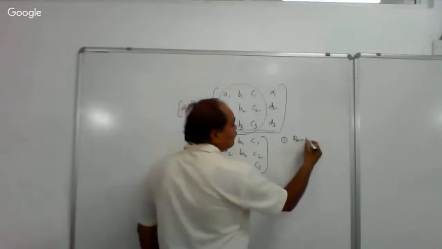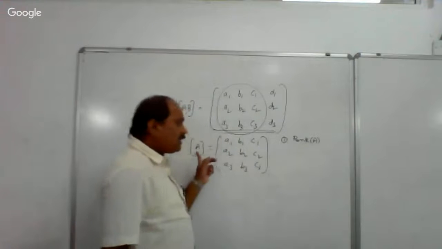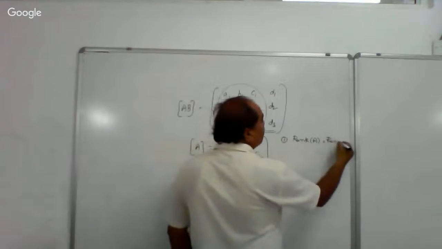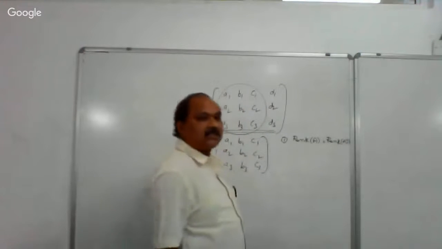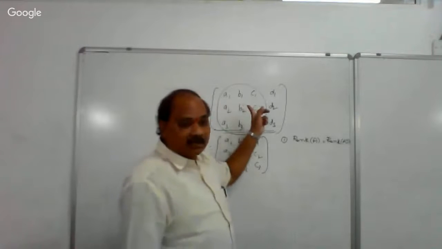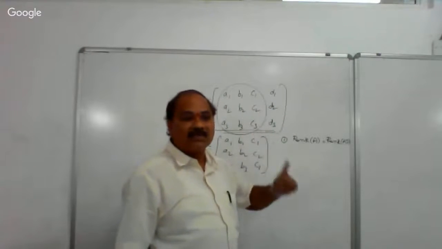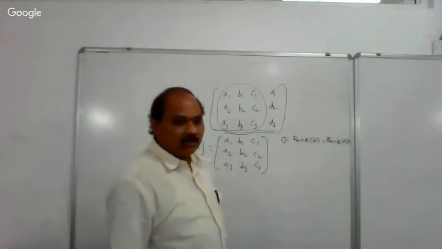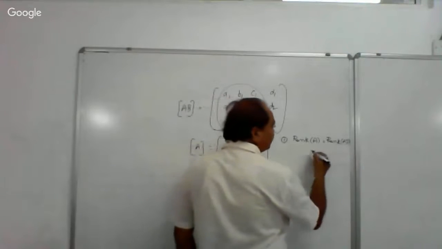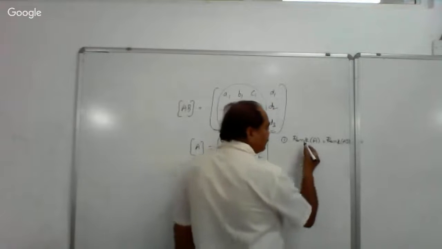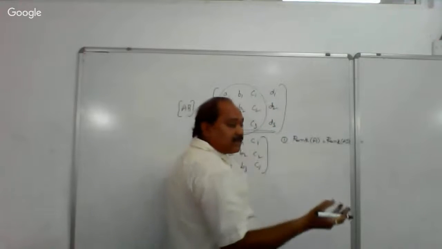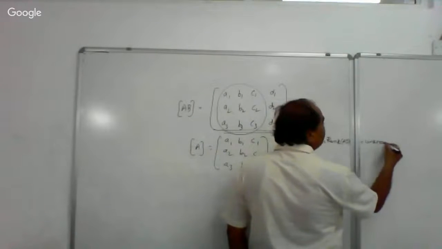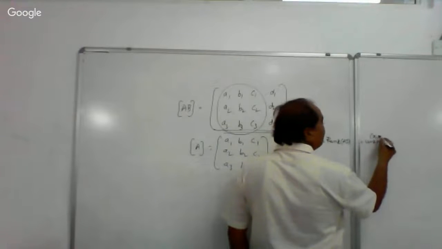Suppose the rank of A, meaning the rank of the coefficient matrix, is equal to the rank of the augmented matrix. How many unknowns are there? The variables X, Y, Z are called unknowns, so the number of unknowns is 3.